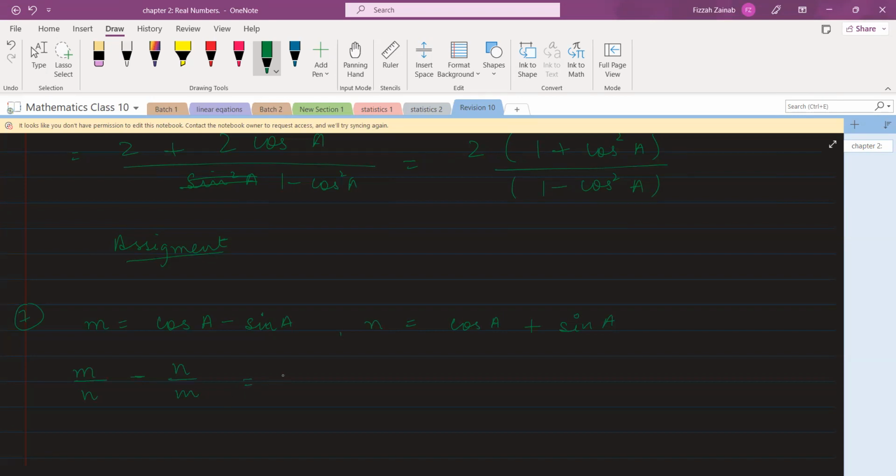So you have to show this is minus 4 sine A cos A divided by cos square A minus sine square A, and also one more step you have to show that this is also equal to cot A minus tan A.